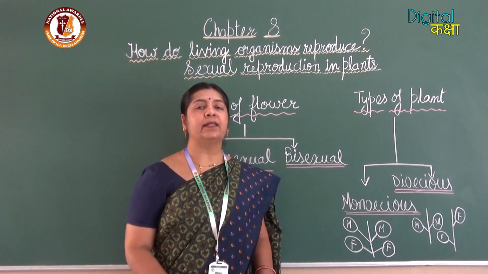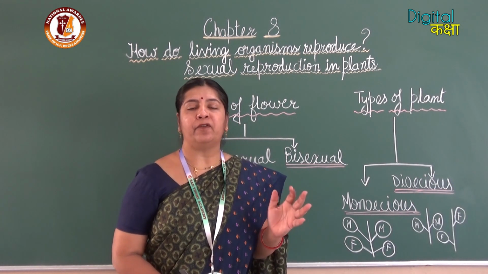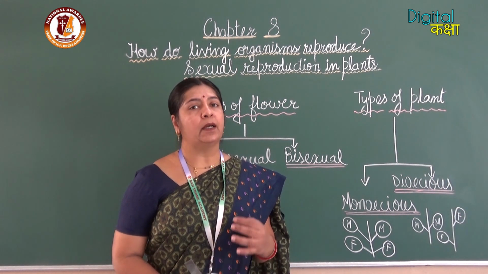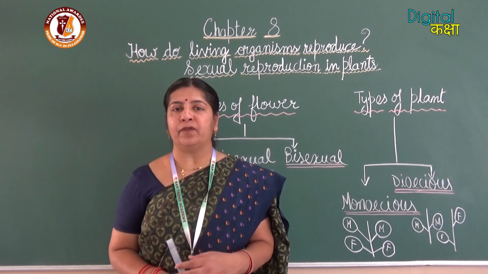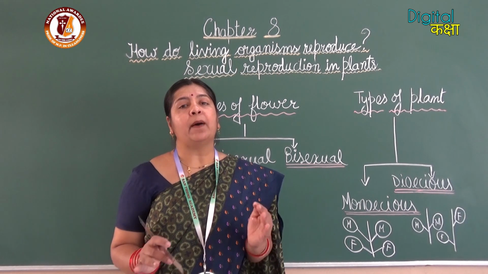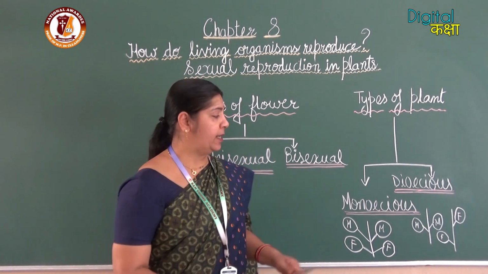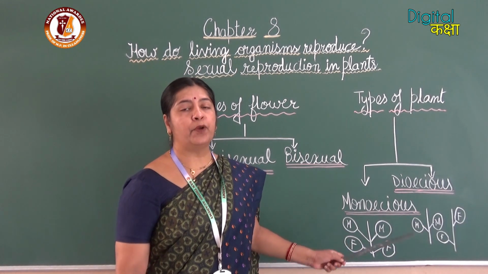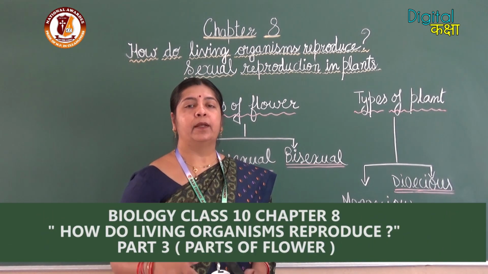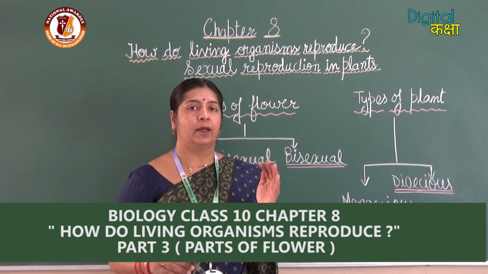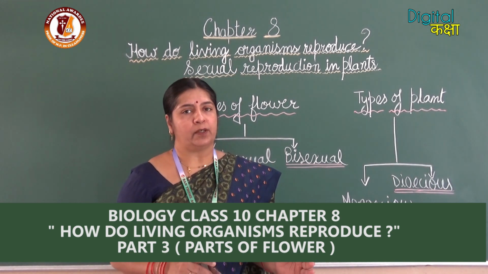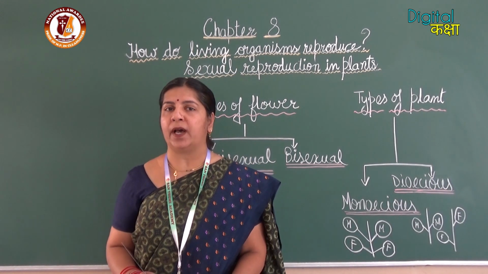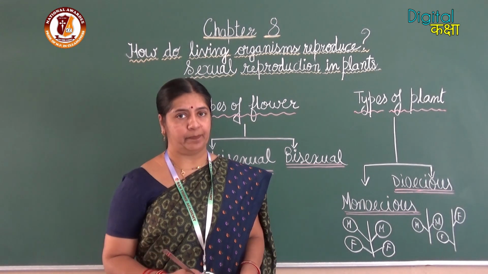So if a plant has unisexual male flowers and unisexual female flowers, both present on the same plant, then we call it a monoecious plant. Mono means one. So on the same plant, both male flowers and female flowers are present.